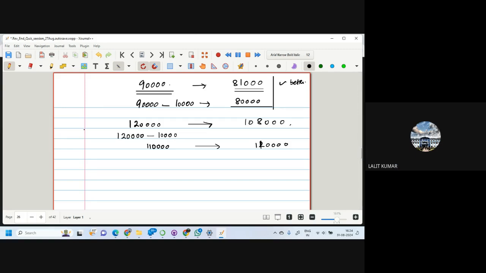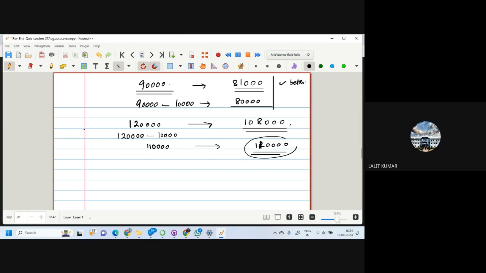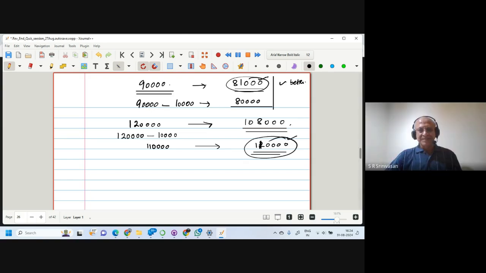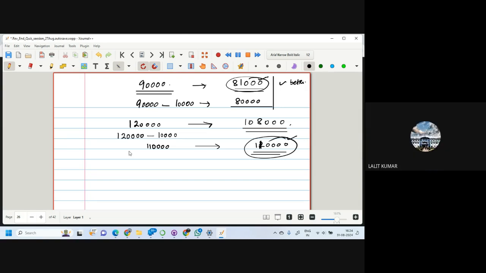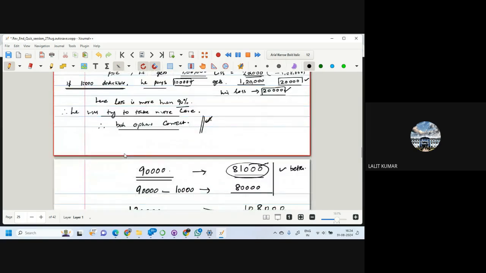So once it goes above 100,000, the flat deductible is better. In one case this is better, and in the other case that is better. The flat amount is called the deductible, and the percentage is called copay. Depending on where you are, one could be better than the other. So this was the question.